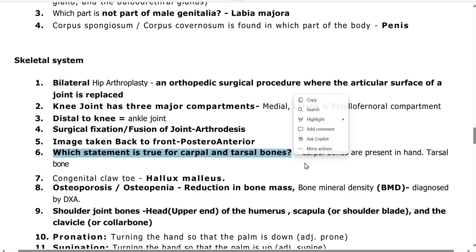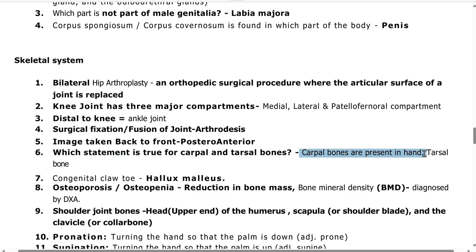Carpal bones are present in hand. Tarsal bone. 7. Congenital claw toe.